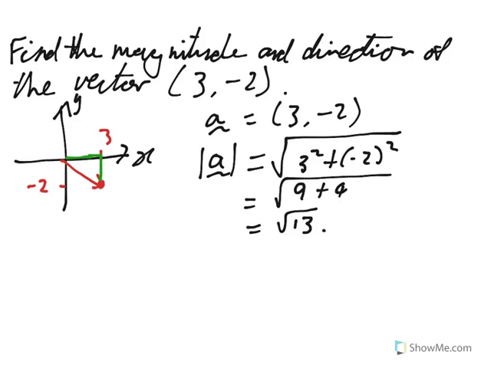Alright, the other thing that we're after is the angle, and that's this bit in here that we're after. That's with the positive x-axis, of course. So our angle, again, if we look at that angle there, theta, we could say that theta relates to tan, which is our opposite over our adjacent, and our opposite is -2 and our adjacent is 3.